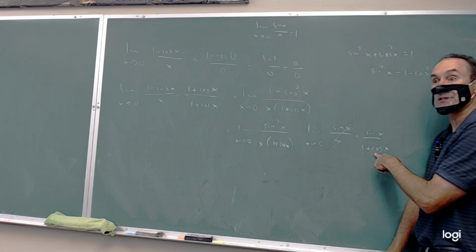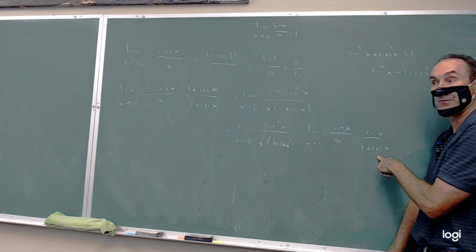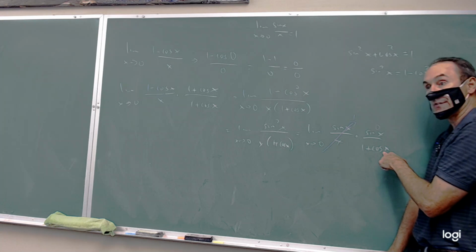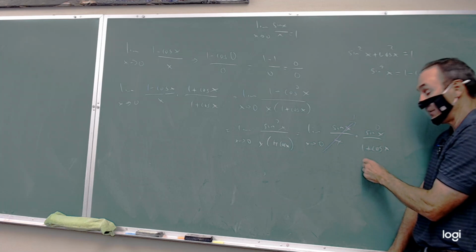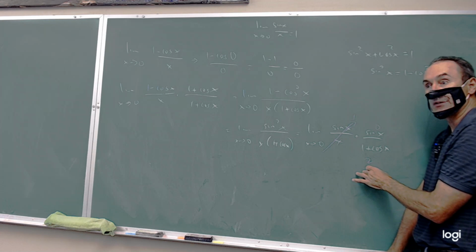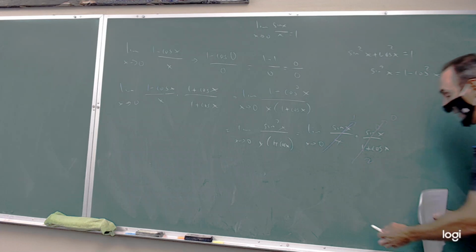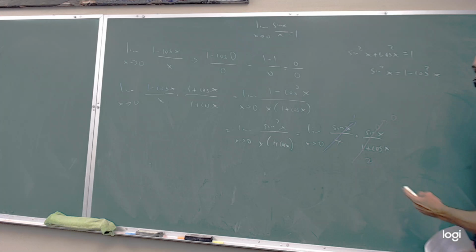Here, I don't know what that is, but we can direct substitute in the 0. Sine of 0 is 0. Cosine of 0 is 1, plus 1 is 2, 0 over 2 is 0. And so we get 1 times 0, that's 0. Limit is 0. Crazy.